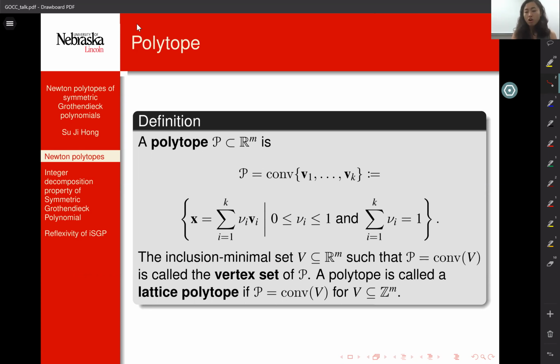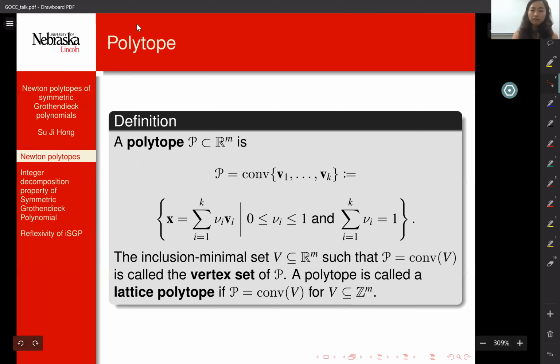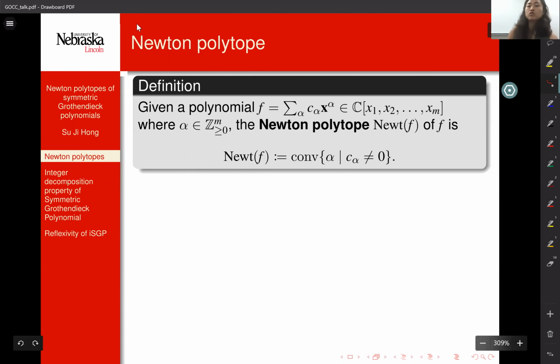And we'll call a polytope a lattice polytope if all those vertices have integer coordinates. A Newton polytope of a polynomial is given by the convex hull of the exponent vectors.